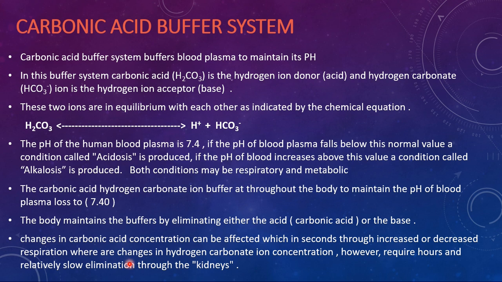Whereas changes in hydrogen carbonate ion concentration require hours to remove slowly, because that is taken care of by the kidneys. So carbonic acid can be easily removed from our body, but the bicarbonate ion takes much more time, because it has to be handled by our kidneys.